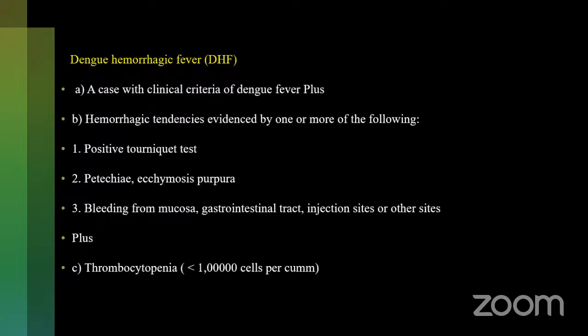Dengue hemorrhagic fever is a case that is compatible with the clinical criteria of dengue fever, plus there has to be presence of hemorrhagic tendencies as evidenced by a positive tourniquet test or presence of petechiae, ecchymosis, purpura, or mucosal bleeding and gastrointestinal bleeds or bleeding from the injection sites.